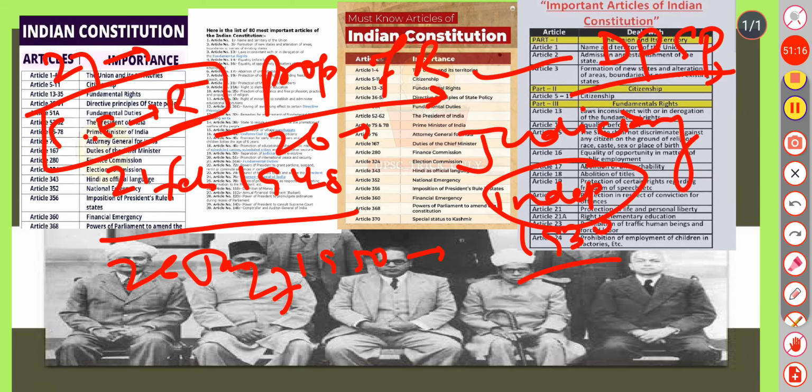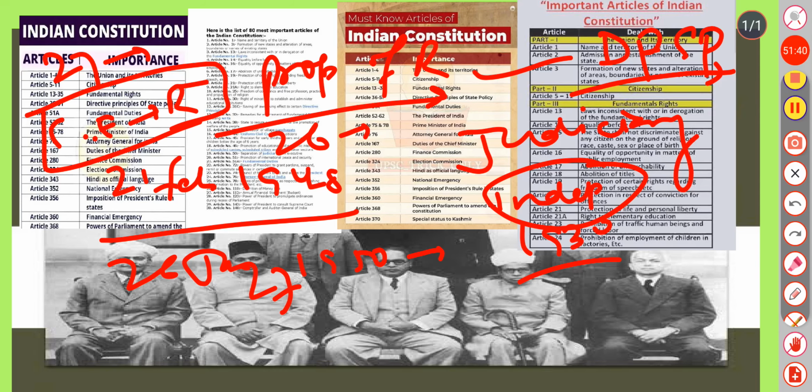And Article 63, the Vice President of India, and Article 64, the Vice President to be ex officio Chairman of the Council of State. And Article 65, the Vice President to act as President or to discharge his functions during casual vacancy in the office or during the absence of the President.